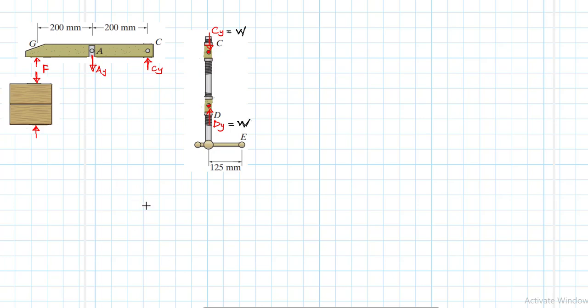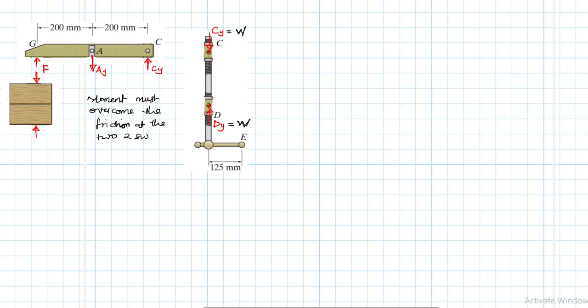So we are saying the moment must overcome the friction at the two screws.